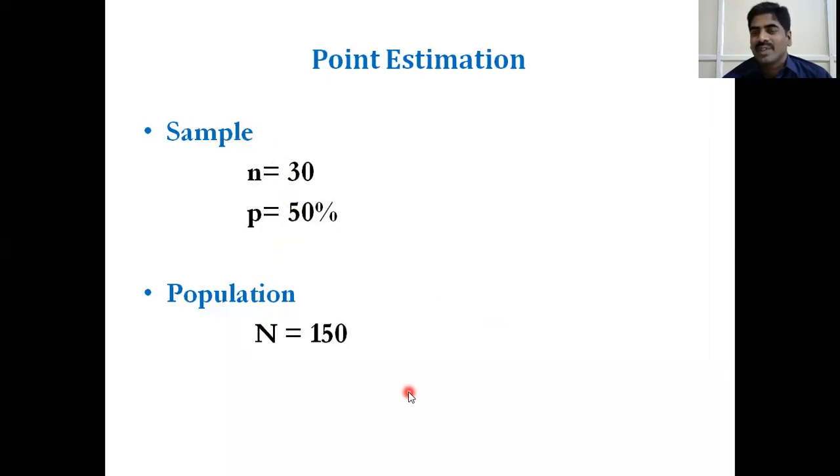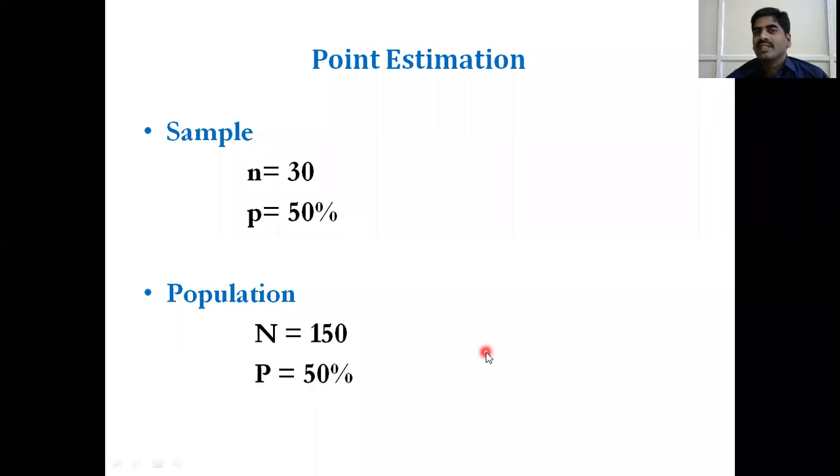What is the population parameter? Population parameter means prevalence of refractive errors in population, that is equal to 50%.